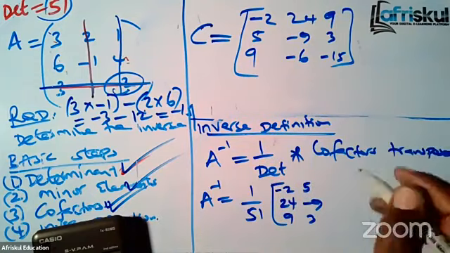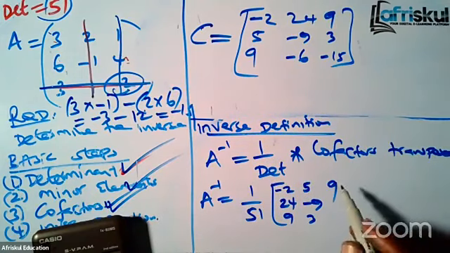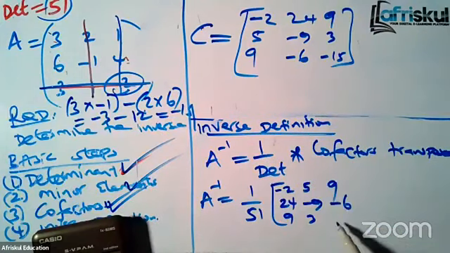The third row becomes the third column: 9, minus 6, and minus 15. So what have we said about transposing a matrix? It means changing rows of that matrix to become columns.